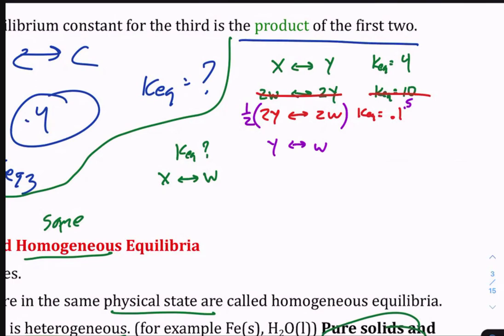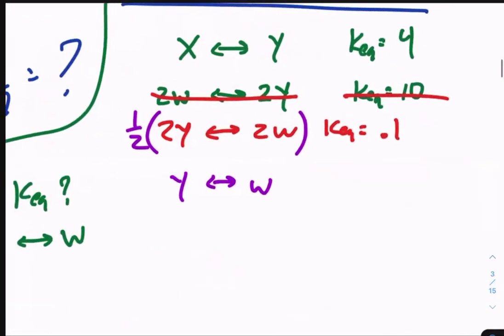Oh, okay. Sorry, yeah, I wrote it slightly differently. I'll write it the same way I wrote it. Okay. So the square root of 0.1 is 0.316.